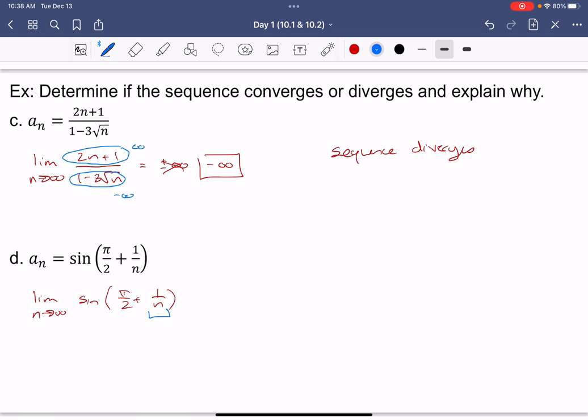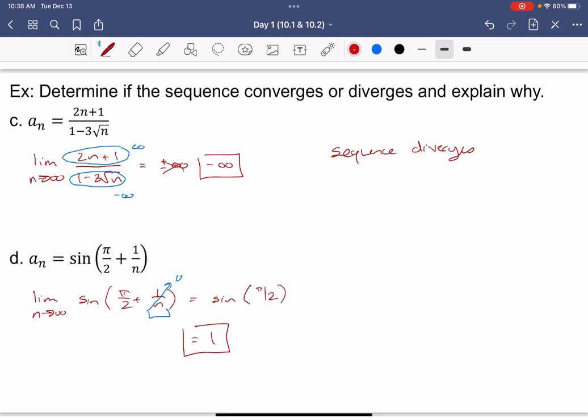So for the last shortcut rule, as a reminder, if the power on the bottom is bigger, which in this case, the only power you have is on the bottom, then this whole expression goes to 0. And if just that piece goes to 0, this becomes the sine of pi over 2, which from trig class, you should remember is 1.